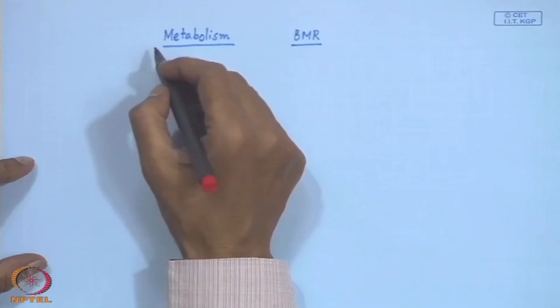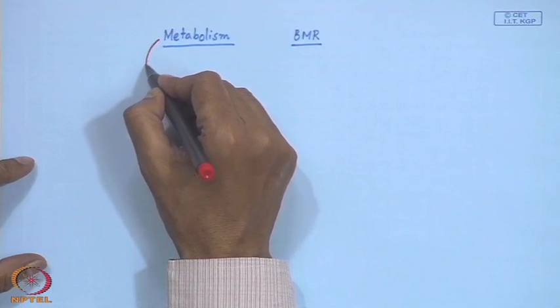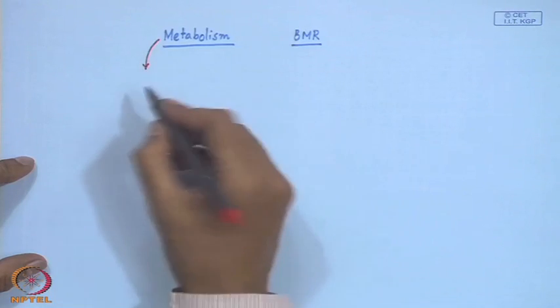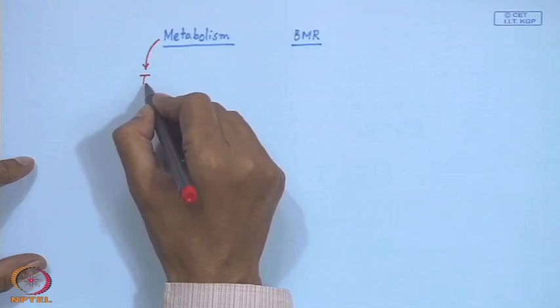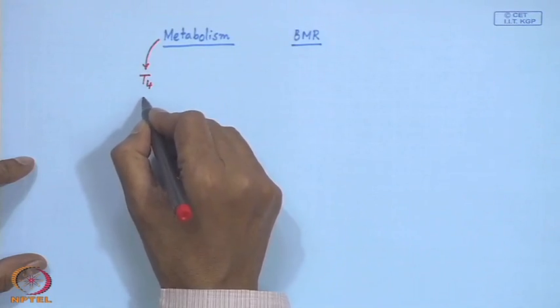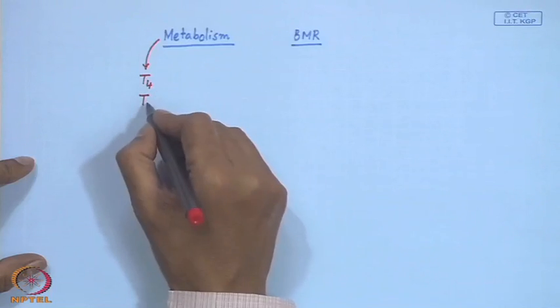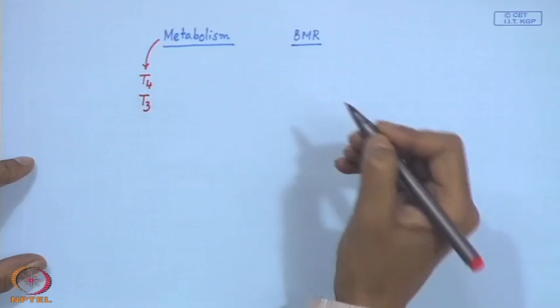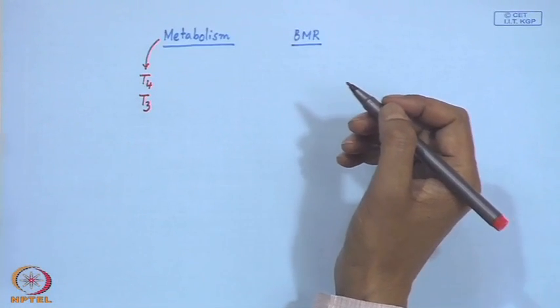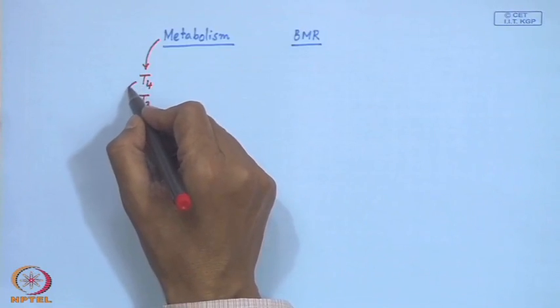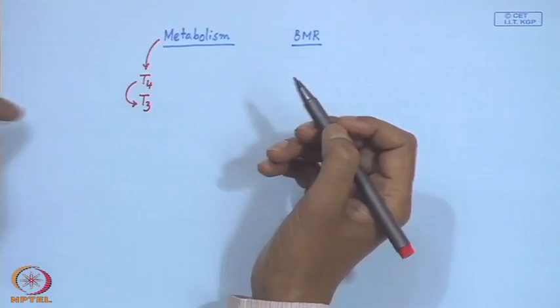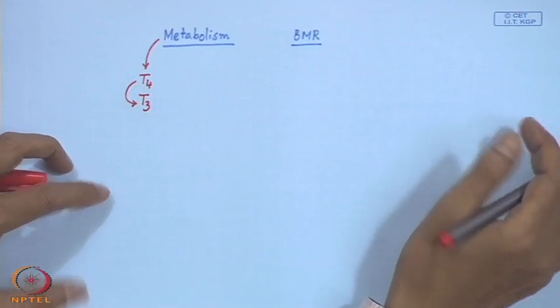So, metabolism is definitely dependent on these two hormones. It is the T4 initially formed, whose life is very long, and the active one derived from the T4 is the T3. So, it can control the metabolism.